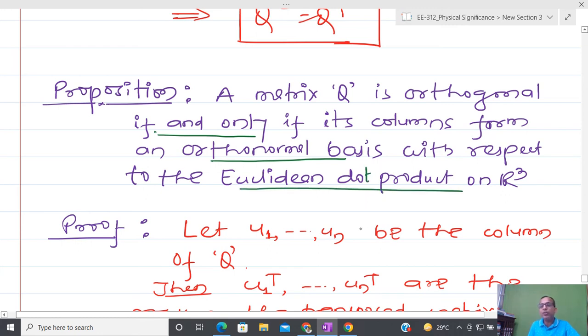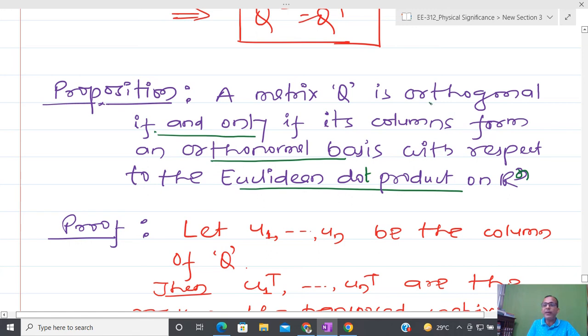Okay, so on Rn, then only I can tell that it is an orthogonal matrix.